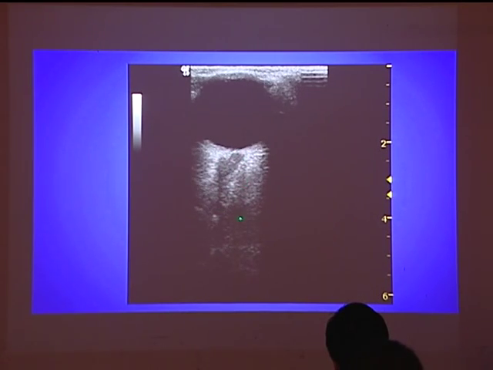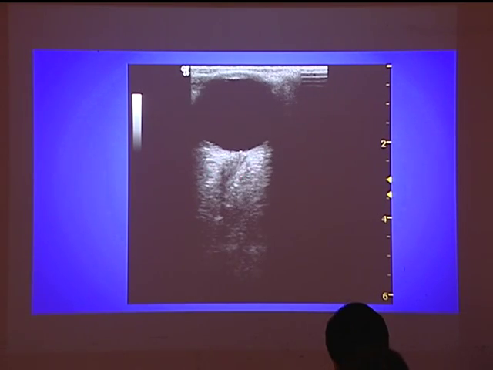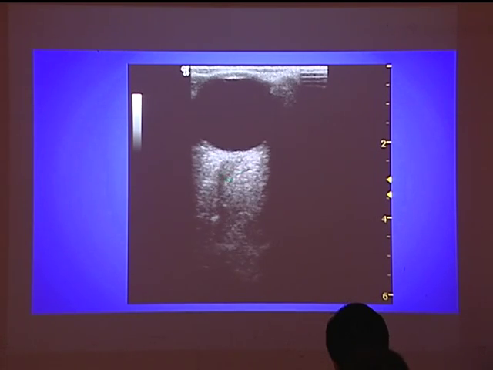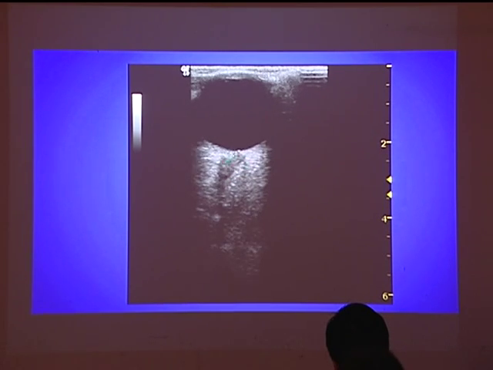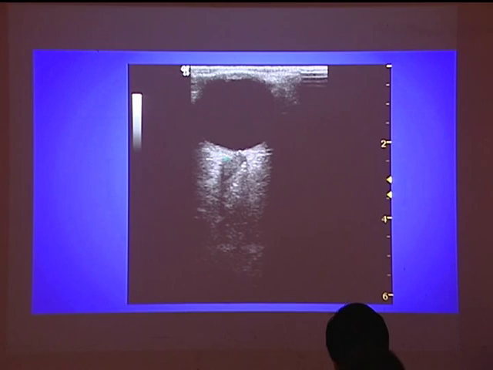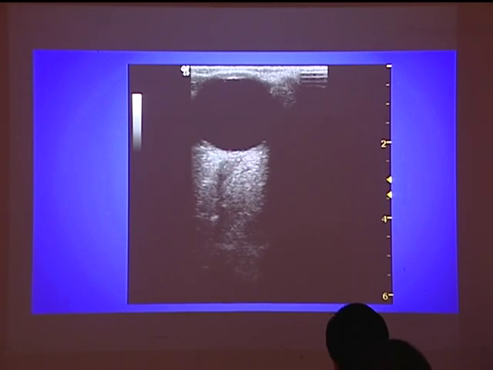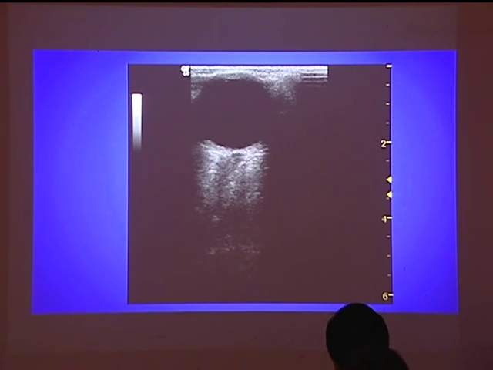These are artifacts. The optic nerve is this oblique structure. We can see just a little piece of it, and you can hardly see, but you can see the surrounding hyperechoic subarachnoid space, and the measurement should be done a little bit obliquely, perpendicular to the real axis of it.